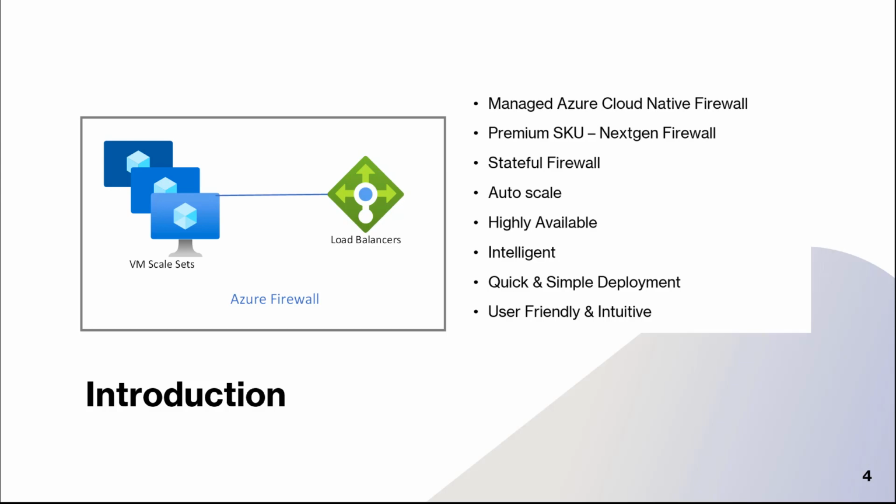Under the hood, depending on which SKU you choose, Microsoft deploys a VM scale set, which is load balanced by a load balancer. This is very straightforward, and because it uses a scale set, it builds in high availability. It provides scalability, automatically scaling out based on 60% CPU utilization or more, provisioning additional VMs in the VM scale set.